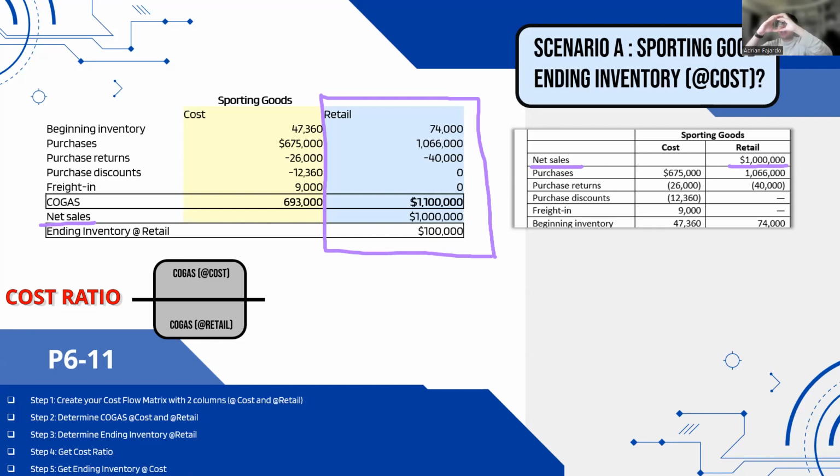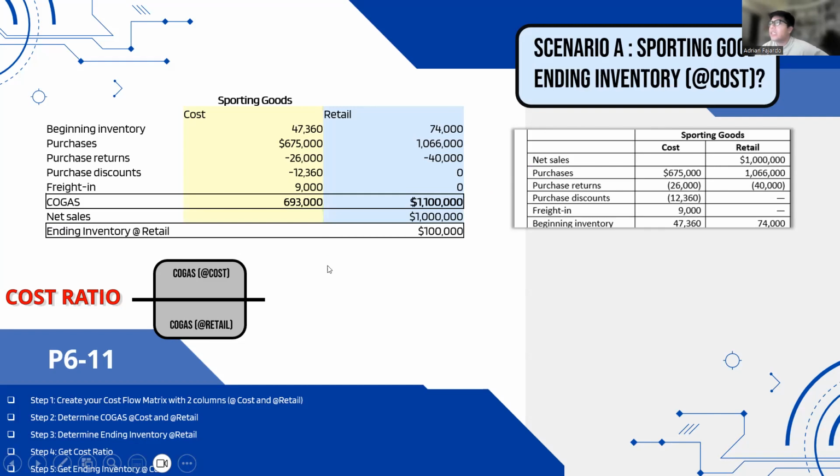So yung 100,000 na yun is the selling price. So a portion of that is our cost of goods sold. So something smaller. But how do we turn this into ending inventory at cost? Well, the simple solution is to do our cost ratio. And our cost ratio is basically our COGAS at cost and our COGAS at retail, which will give us our cost ratio of 63%.